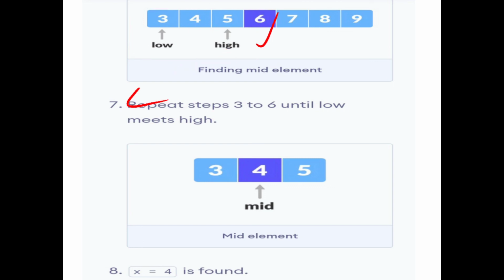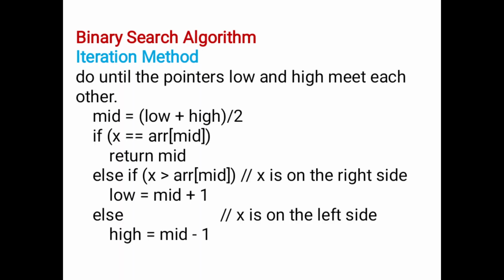Okay, so the next is the binary search algorithm, iteration method. What is the iteration method? The same concept is given here. What is the algorithm followed in this binary searching process? First, analyze the array, that means check whether it is sorted or not.